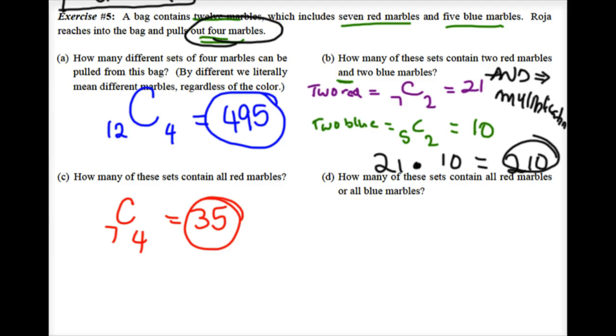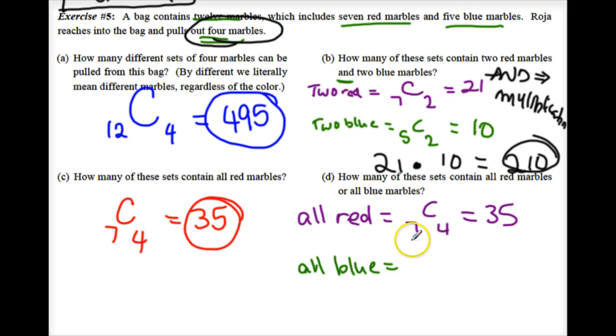And then our last part for today says how many sets contain all reds or all blue. So let's say this was all red. We just calculated that over there: 7 choose 4, which is 35. Now, if it's all blue, there were 5 blue, and we need sets of 4.